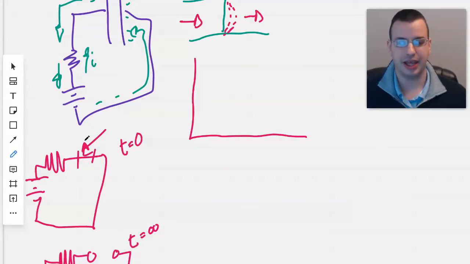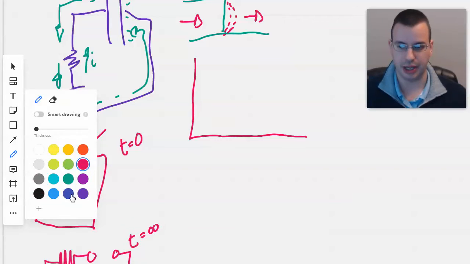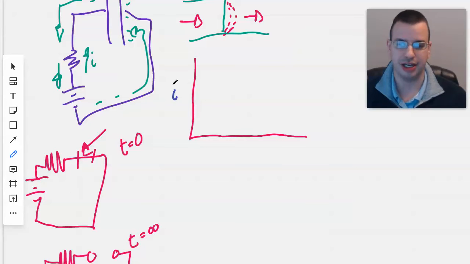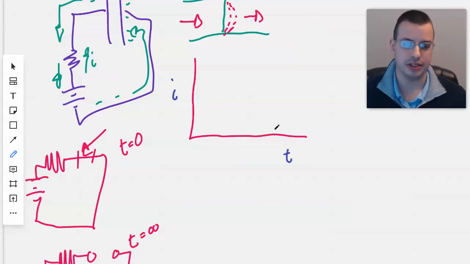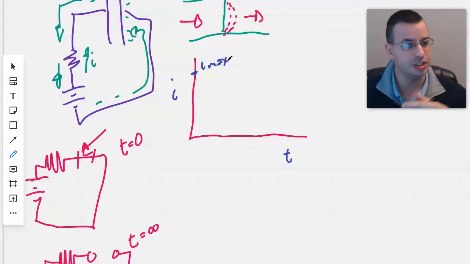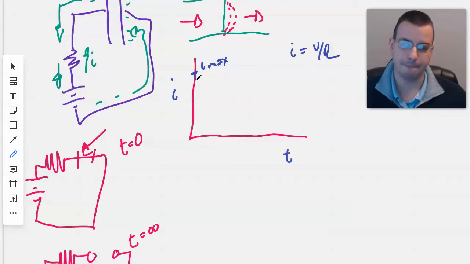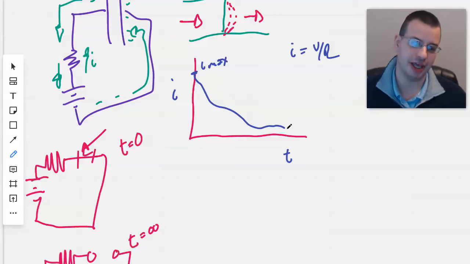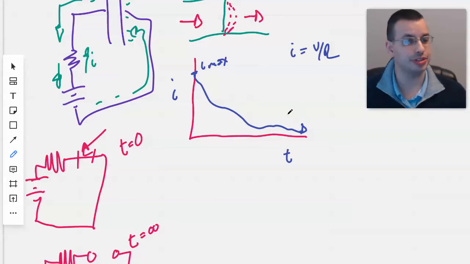If you look at it as current with respect to time, you get something that looks kind of like this. You have I max, which will be found by the voltage and your resistance, I equals V over R, Ohm's law, and then you have an exponential decay until you get down to almost 0.